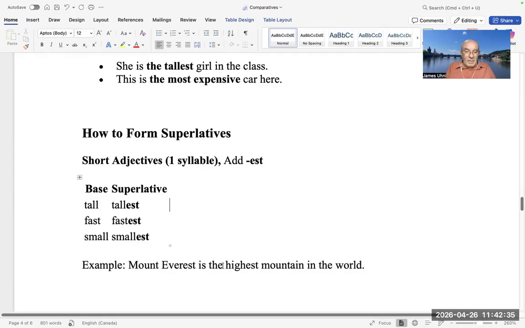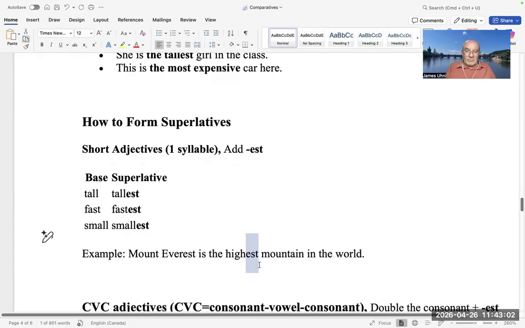So we have the base. So if I will say, okay, the highest, high is the base adjective, and est is the highest, the superlative suffix. Now, what is suffix and prefix? I will teach you in a little while.